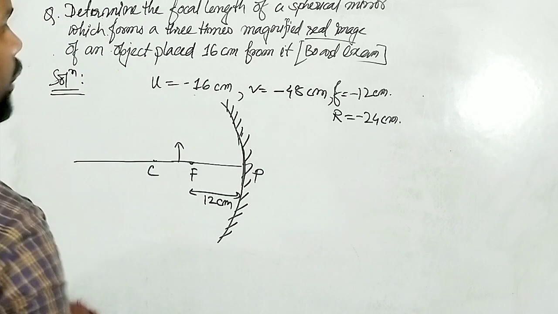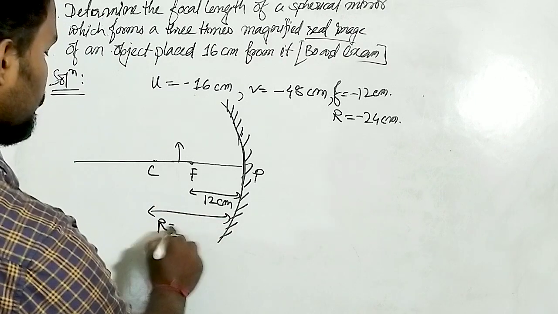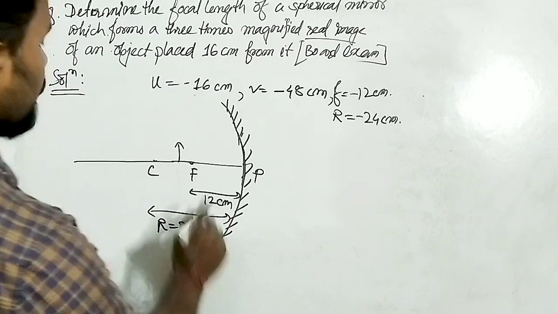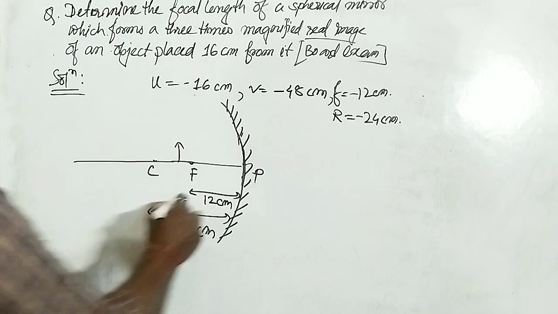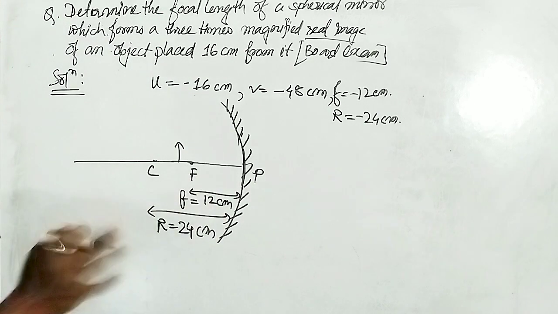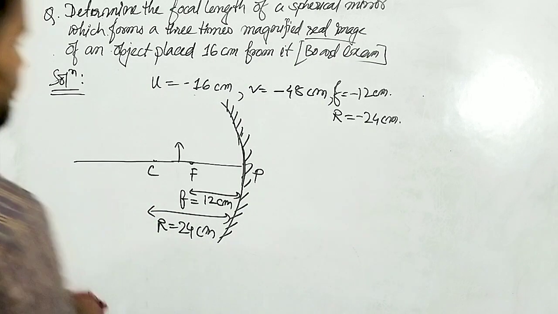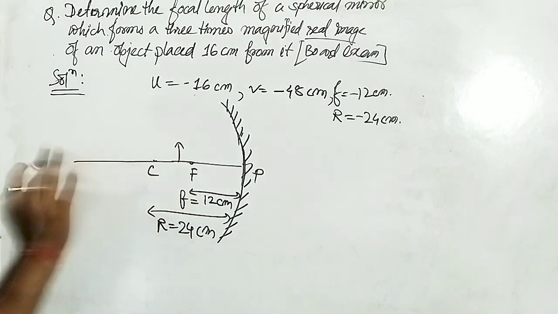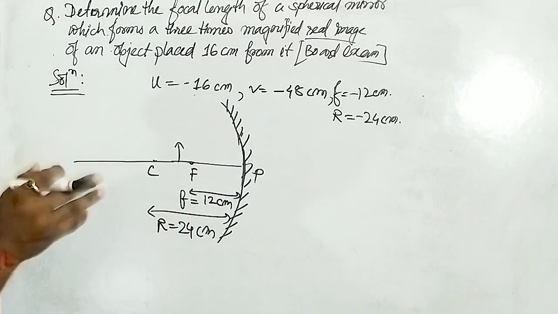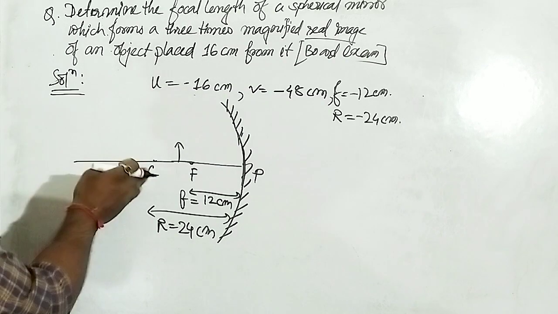We have the 12 centimeter, and the radius of curvature R is 24 centimeter. We are considering only the magnitude, not the direction, so we don't need the negative sign when just drawing the picture. Now we draw the figure. When the object is between focus and center, the image forms beyond C, on this side.